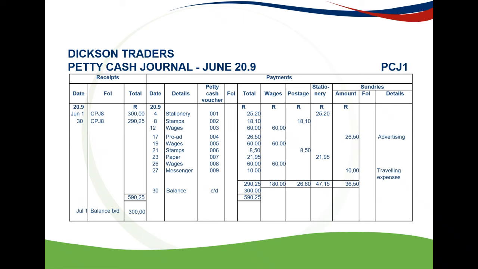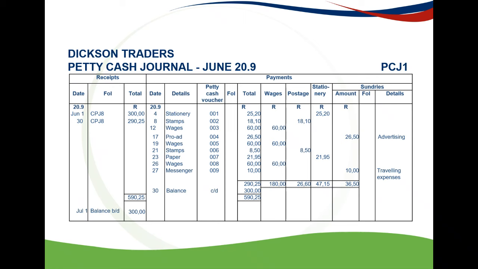But during the month, if you need to get your imprest, you will request that. At the end of the month, you will record all the transactions, all the receipts and all the payments during the month, and you will then post it to your general ledger.